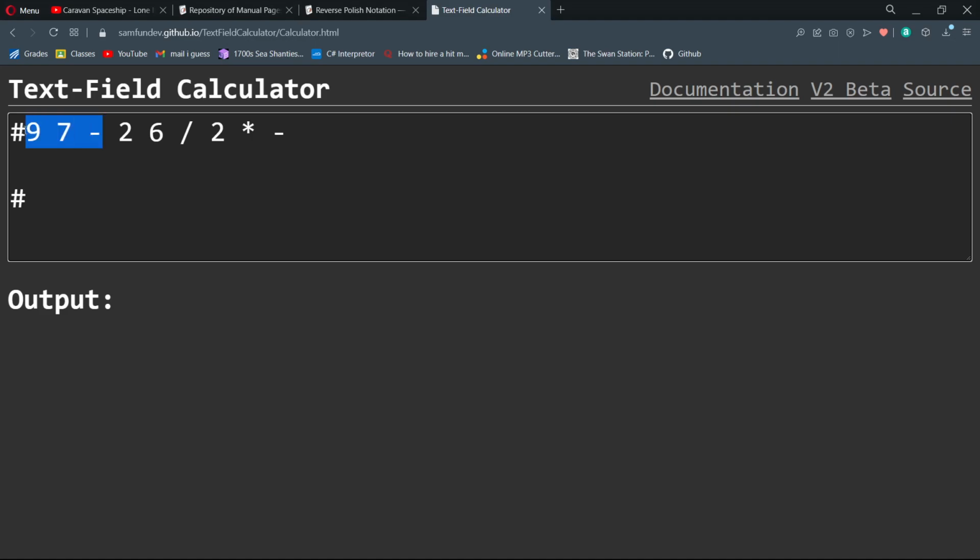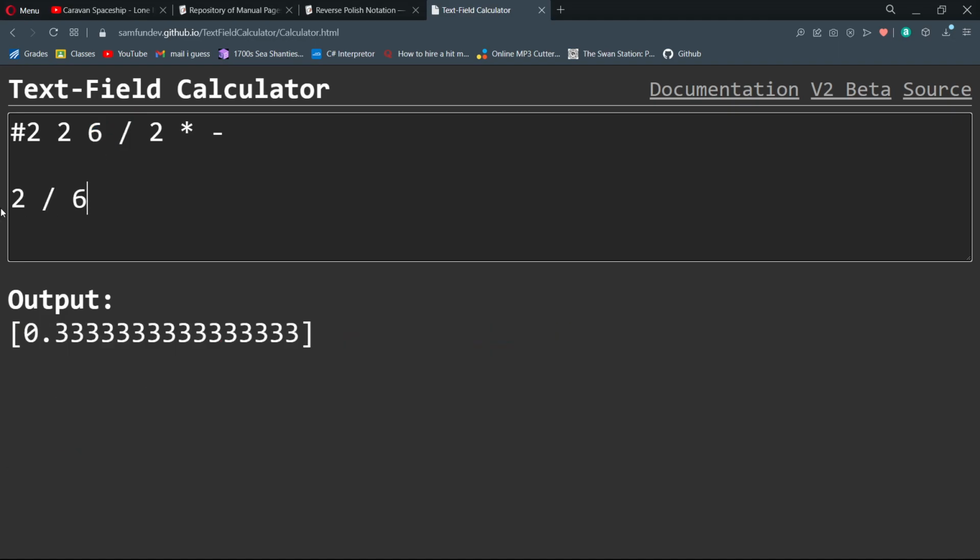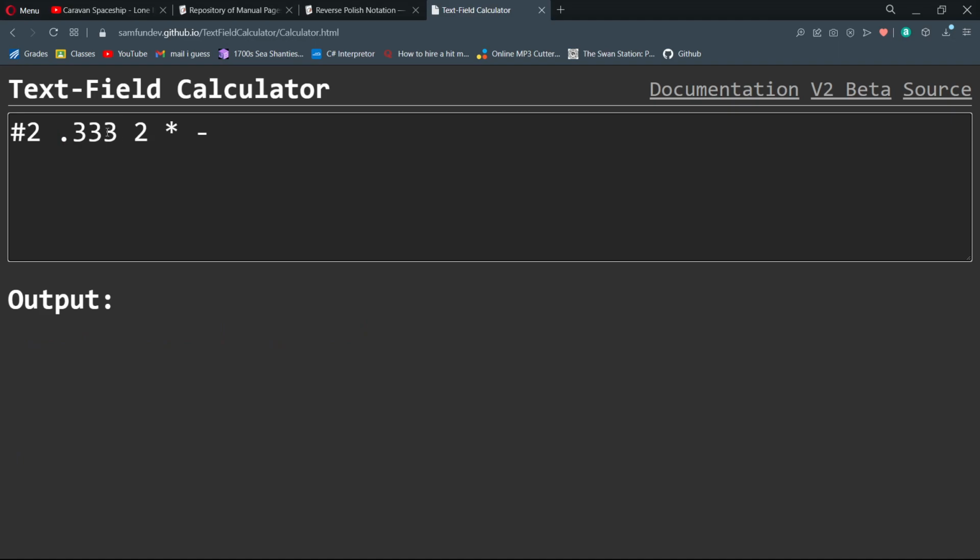You just combine all three of these. So this becomes 2. This is the leftmost operator. These are the rightmost numbers. 2 divided by 6 is some decimal, 0.3333. This is the leftmost operator, so this becomes 666.